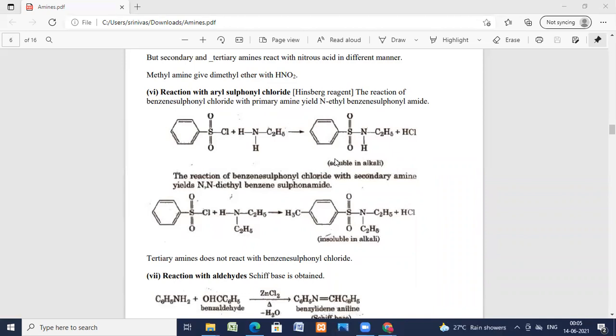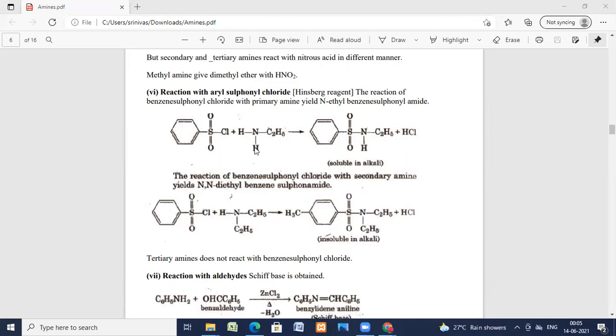So if solubility is there for the formed compound, then that is primary amine. For the second one, there is a reaction, but there is insolubility in alkali, and that is secondary amine. And for tertiary amine, there is no reaction at all due to absence of hydrogens.